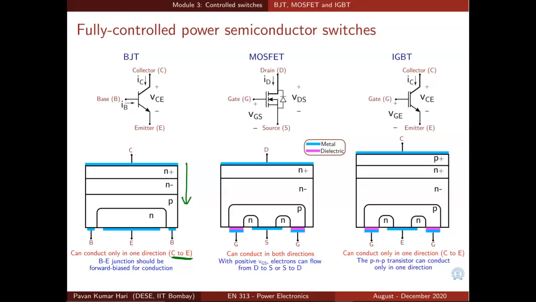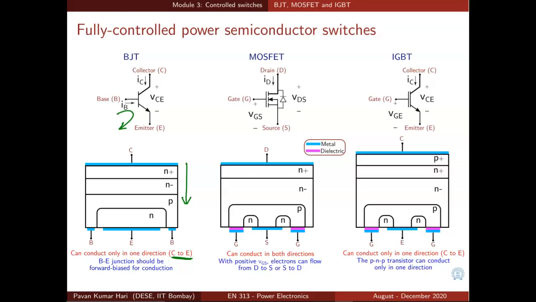And the base emitter junction should be forward biased for conduction. So it can only happen in one way because it's again a PN junction. That is why current conduction is unidirectional in BJT.